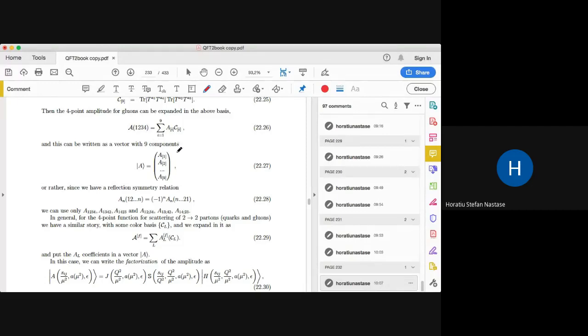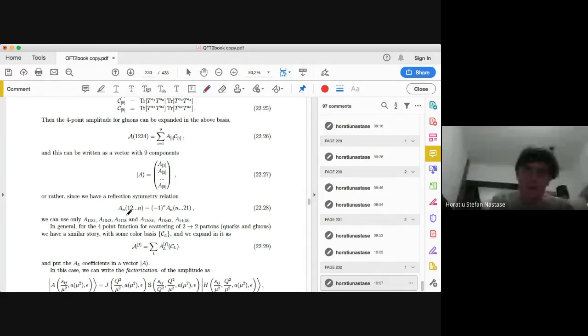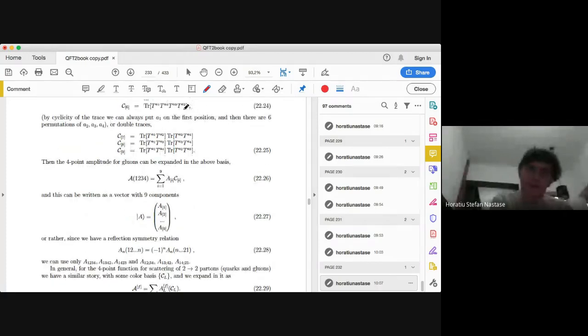So from this I deduce that I can relate the various objects. From the 6 color structures with a single trace, I can reduce them to 3 by this symmetry property.